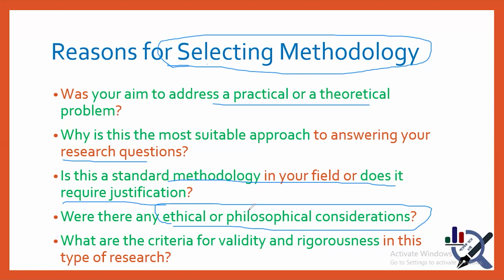So you must consider the ethical or philosophical considerations. Okay, and again, what are the criteria for validity and rigorousness in this type of research? So why your selection is valid and why it is good, that means it is robust, the best selection.